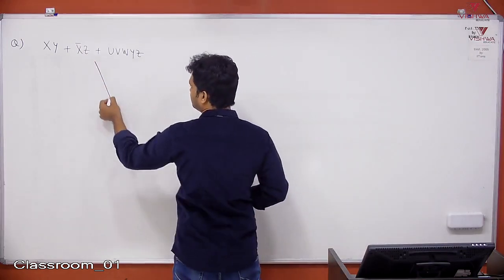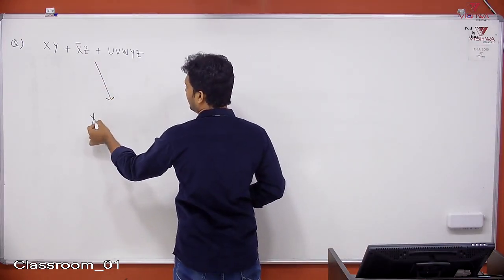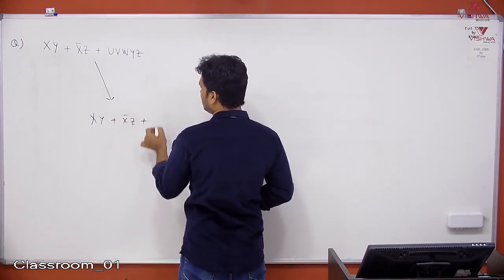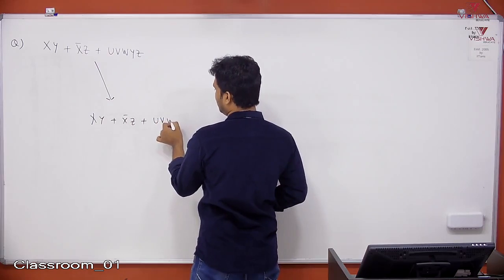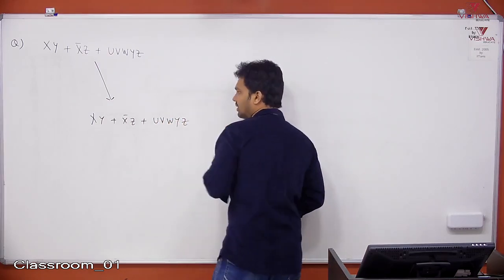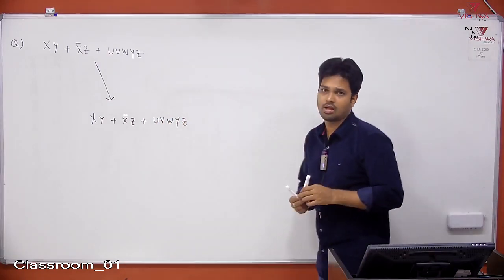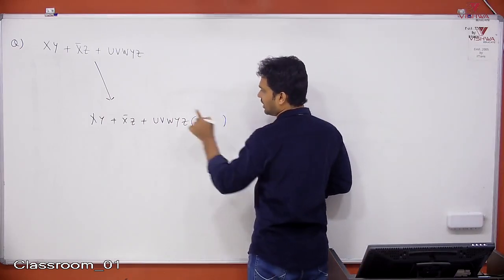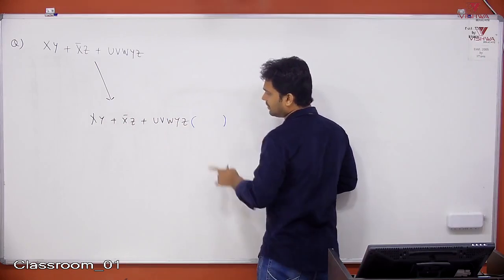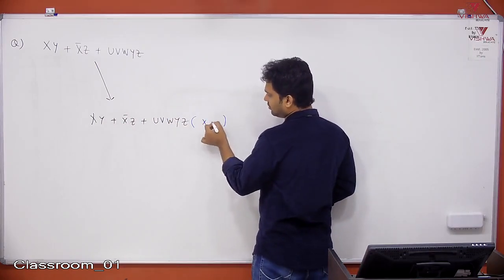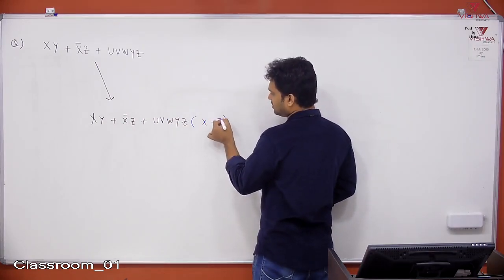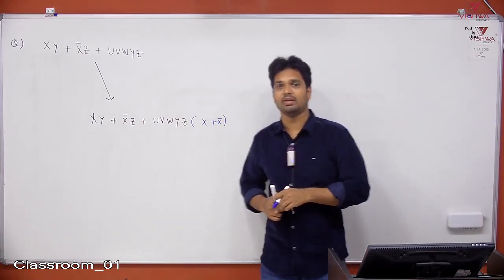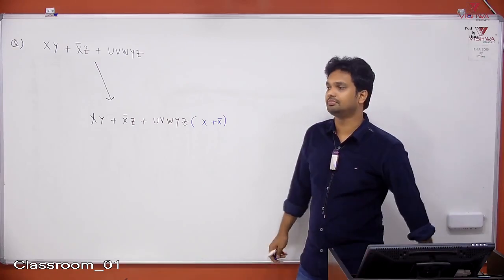See here. XY, X bar Z, UVWYZ is my expression. Here also I have a variable and its complement, so multiply with x plus x bar.